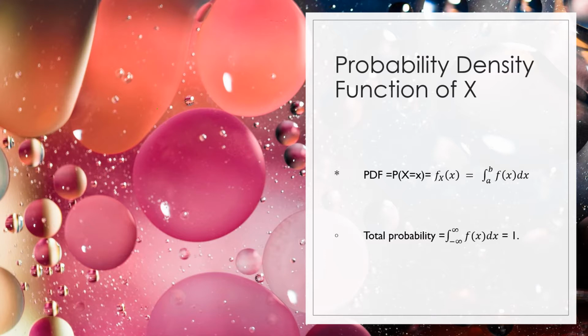So it is the integral from a through b of f of x dx. And also, it should satisfy the rules of probability, which is that the total probability must be 1. In our case, the integral from negative infinity to positive infinity of f of x dx must be equal to 1.